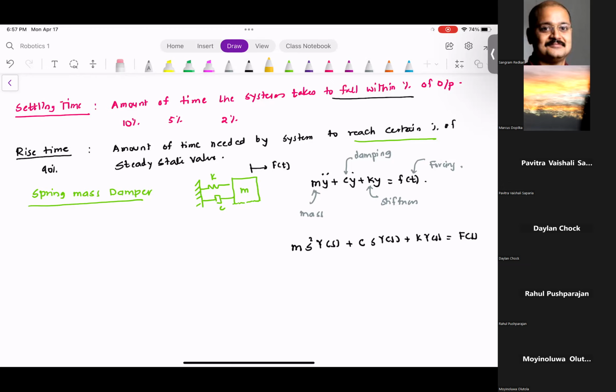Please understand, since it's a double derivative, that's why I have this s square. Since there is just a single derivative, I just have s, and there is no derivative, so y of t is Y of s.